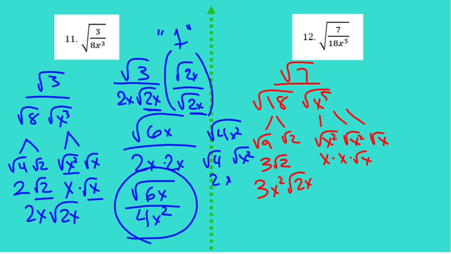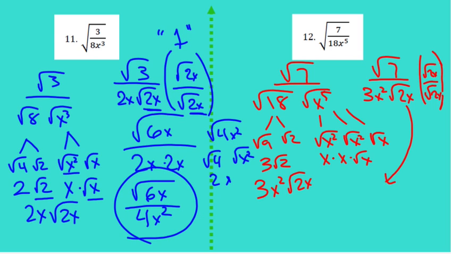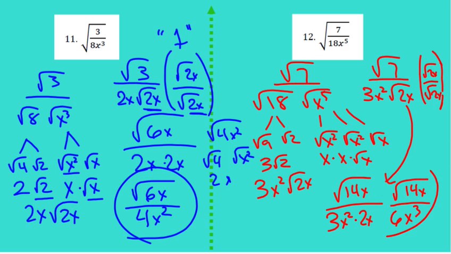So my fraction now is this, square root of 7 over 3x squared, square root of 2x. So again, square root of 2x, square root of 2x. So that's going to be, I'll rewrite down, square root of 14x over 3x squared times 2x. So that's going to be square root of 14x over 6x cubed.